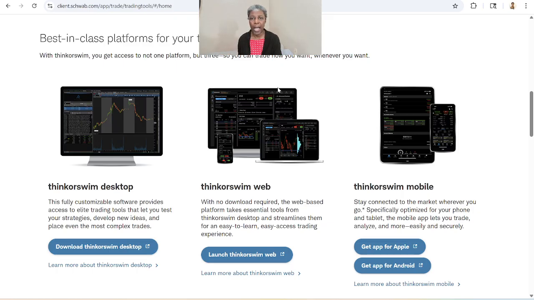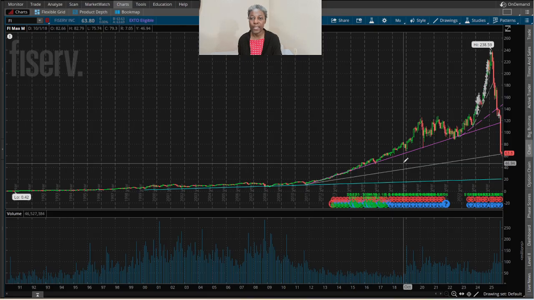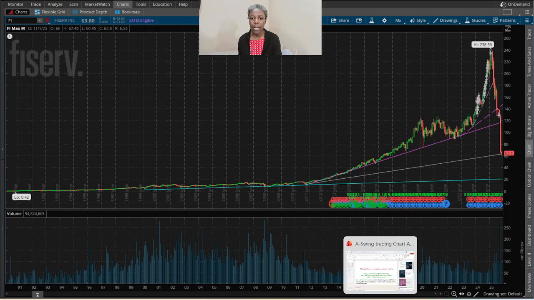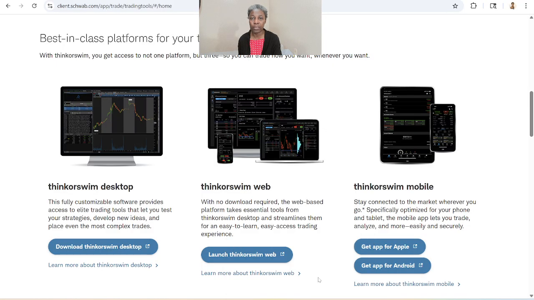So now that they have the Thinkorswim platform integrated with it, I use the desktop version. I used the web one once as well, and I noticed that since I tend to trace on my chart on the one that I have on my laptop, when I logged into my online version of it, those lines were there as well, so pretty much saved.